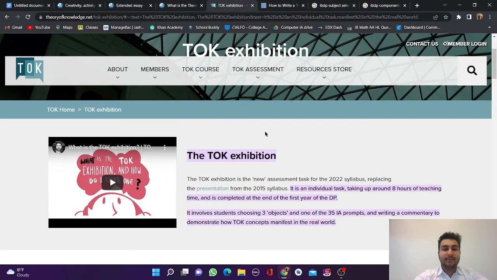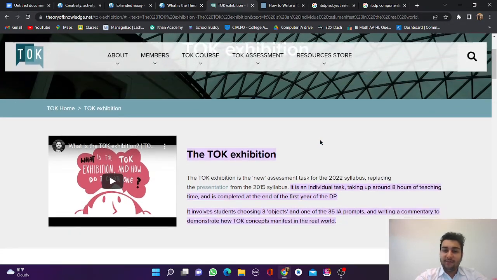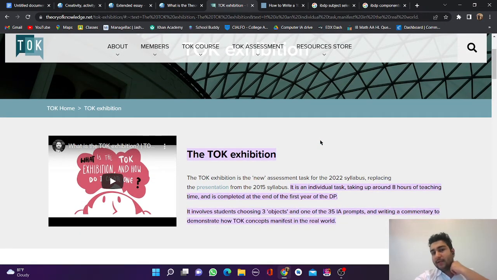So the TOK exhibition is a paper of around 950 words that the student has to write. The schools will again provide further information about it, but it is a 950 word essay that the student has to write, connecting real life objects, for example, the earphones, to a prompt.